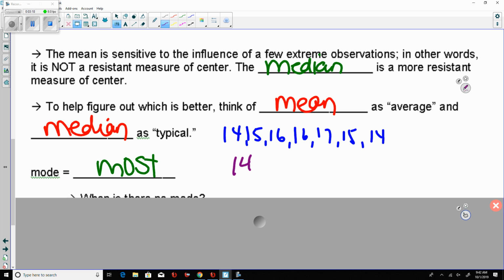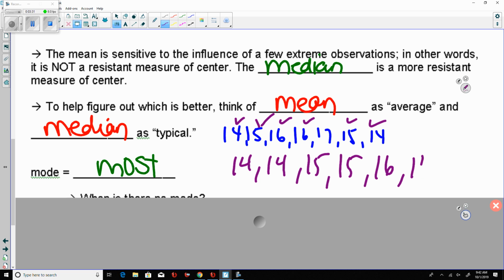We have 14, another 14 over here, a 15, another 15, a 16, 16, 17. Okay? So make sure you have, what do we have? 2, 4, 6, 7. Make sure that everything's accounted for.